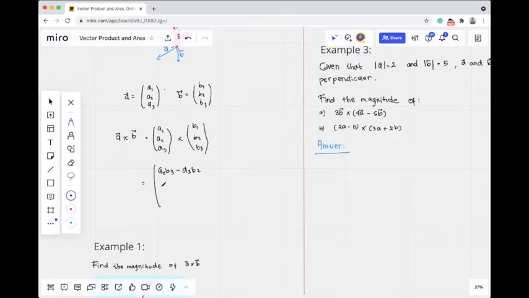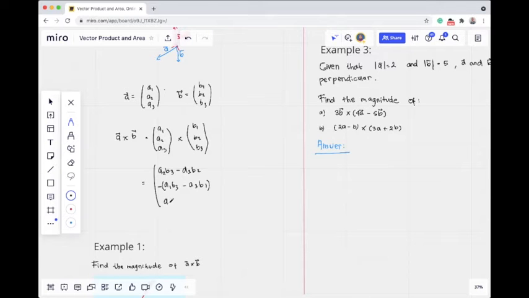The second is A1 times B3 minus A3 times B1, but negative here.